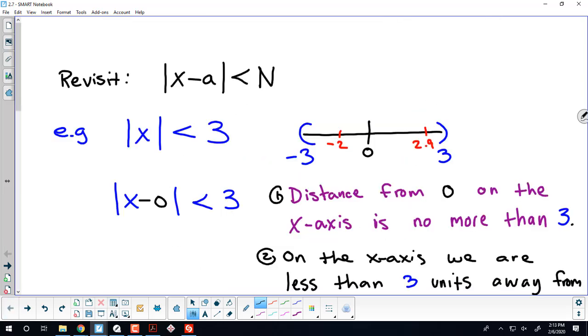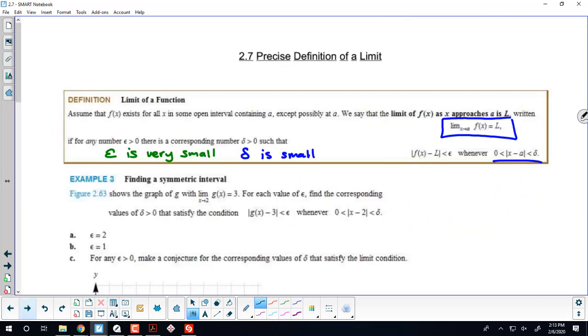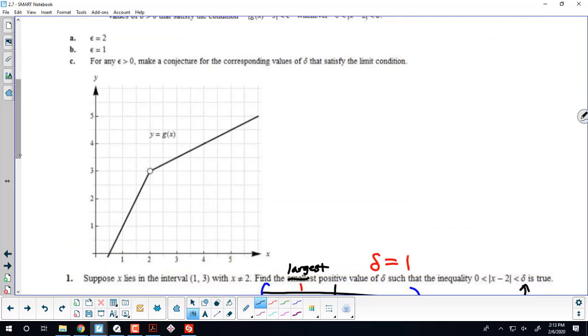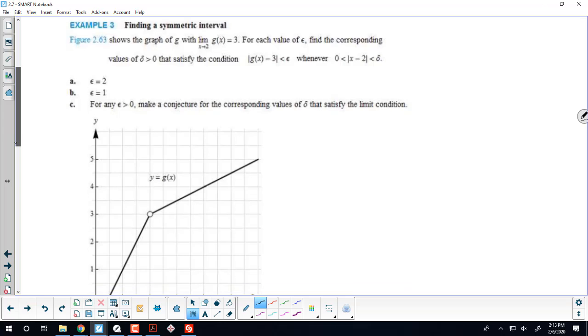Let's see. We might go back up to we'll do this one in a minute. Well, I guess let's start with this example then. Example 3, first page. So the graph shows some function g of x, and we know the limit as x approaches 2 of g of x is equal to 3.